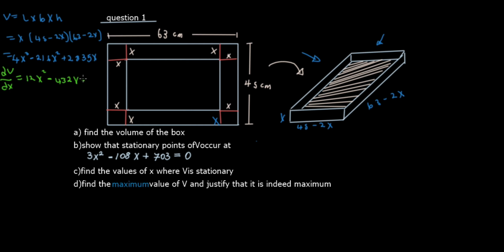For this part you can just write this constant as 2835. Now let's check this 12 and this 3. What happened? We divided this whole thing by 4 in order for us to get to this point. We can say divide by 4, divide by 4.